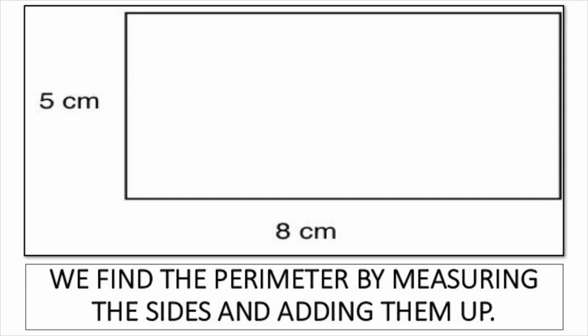Okay? What is the length of this side of the rectangle? Okay? So this rectangle is 5 centimeter width, 8 centimeter length. We find the perimeter by measuring the sides and adding them up.